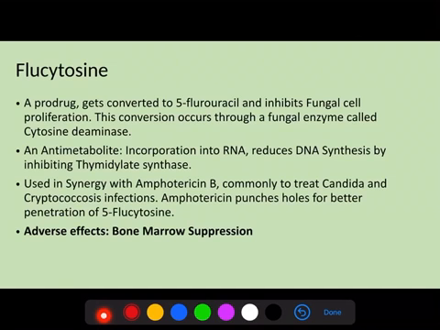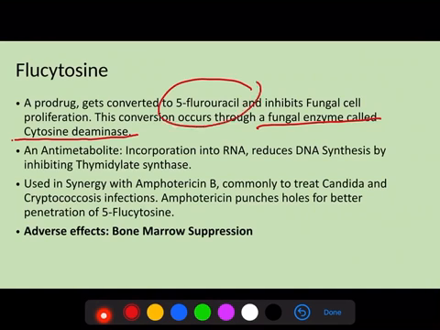It is converted by the fungal cell, by an enzyme which is only found in fungus called cytosine deaminase. When it is converted, it becomes 5-fluorouracil. 5-fluorouracil inhibits fungal cell proliferation, so it acts in synergy with amphotericin B.